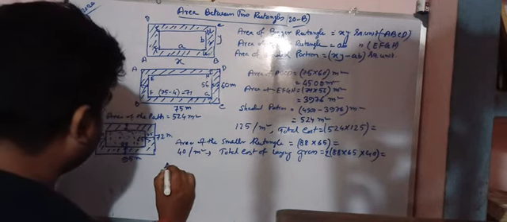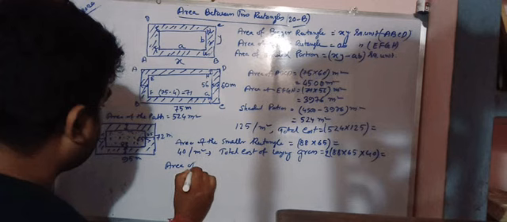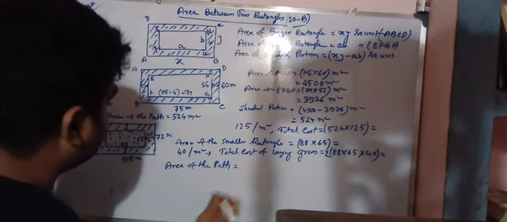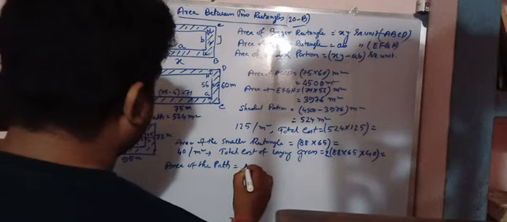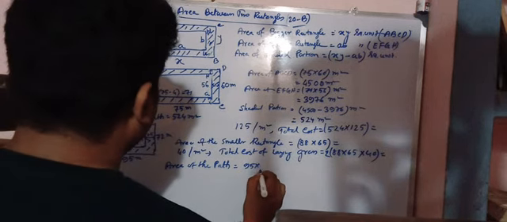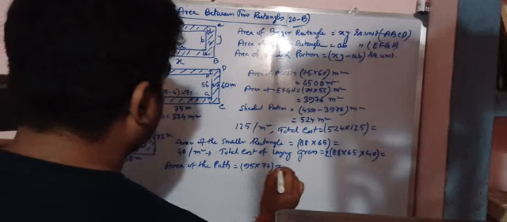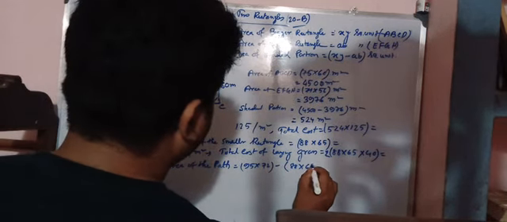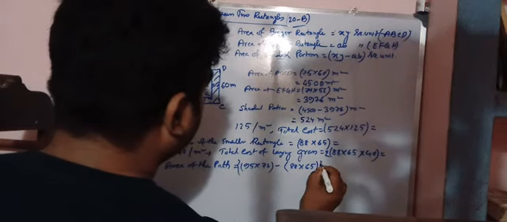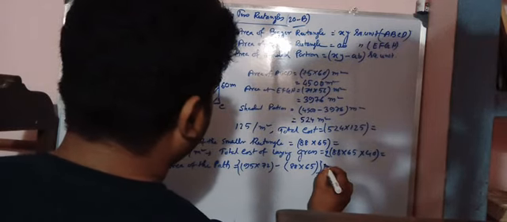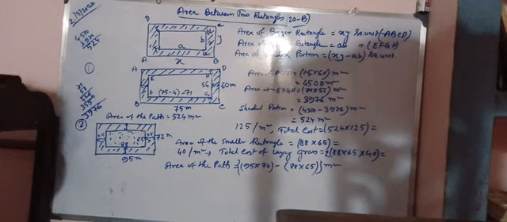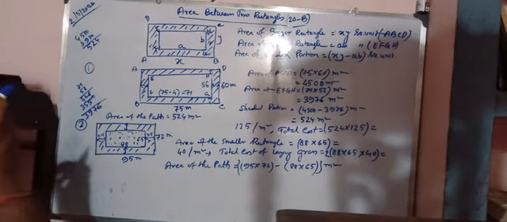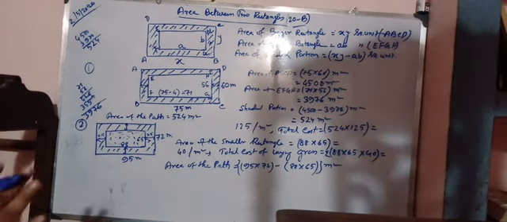That is, area of the path equals 95 into 72 minus 88 into 65 meter square. You have to calculate that whatever will come. To save time, I am not calculating that.